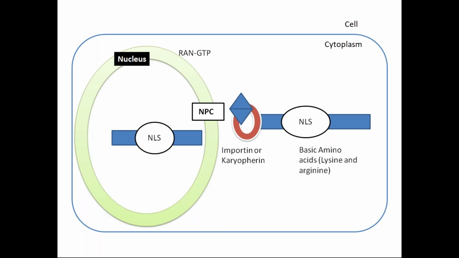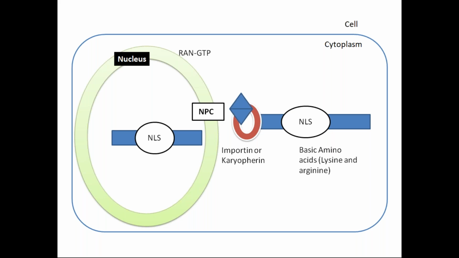Something like that. If a small kid has lost his home address, but he knows what the address is, and some uncle or auntie takes him to his place, then importin is like that uncle and auntie, and the nuclear localization signal is the address which you know.